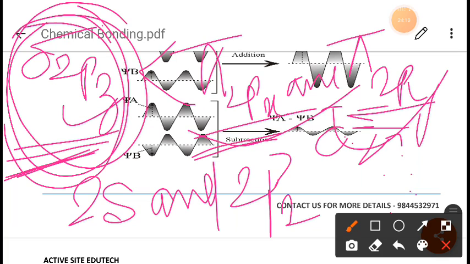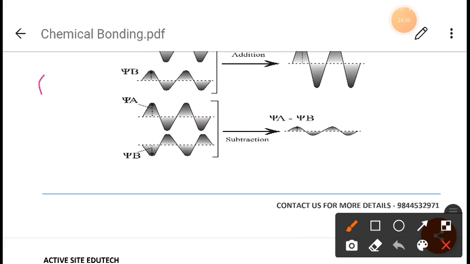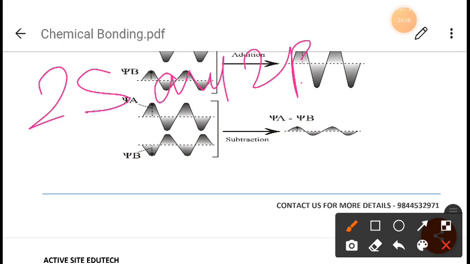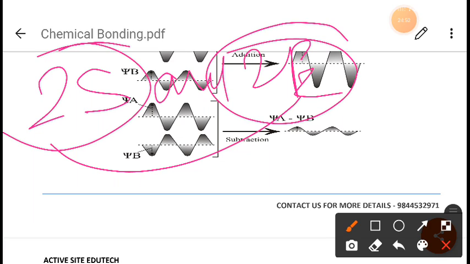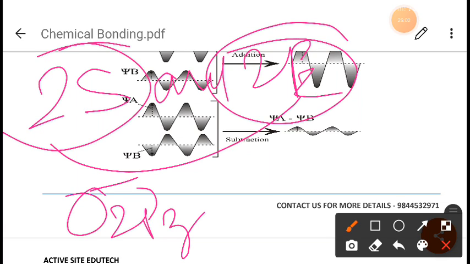So, in case of lithium, beryllium, boron, carbon and nitrogen, the 2s and 2pz orbitals can interact due to the low energy difference between them. These two will interact, meaning they will intermix. The mixing of these 2s and 2pz atomic orbitals tends to destabilize the resulting 2pz molecular orbital.